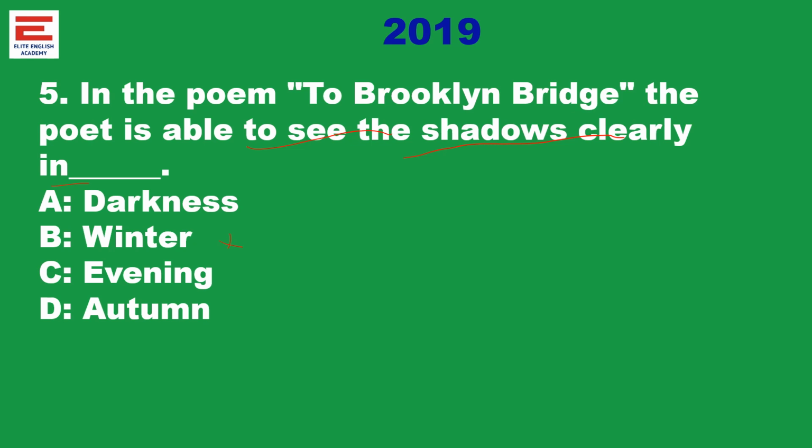Seeing our shadow in the daylight is not a new thing. Whereas seeing our shadow in the darkness is the greater thing, and that is something different. Once you become familiar with the theme of the poem To Brooklyn Bridge, you can easily answer this question. So the answer is darkness.